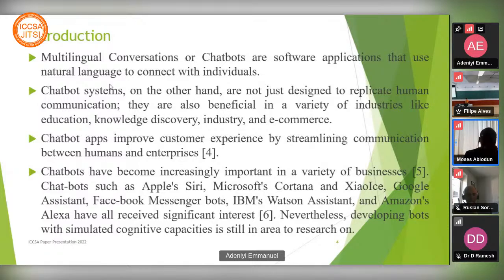They are used in Apple Siri, Microsoft Cortana, Google Assistant, Facebook Messenger bot, and Amazon's Alexa, which have all received similar interest. Nevertheless, developing bots with simulated cognitive capacity is still an area of research that we need to look into.